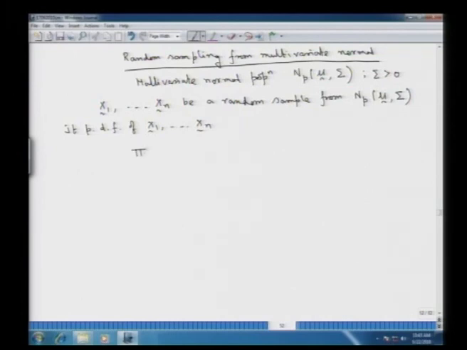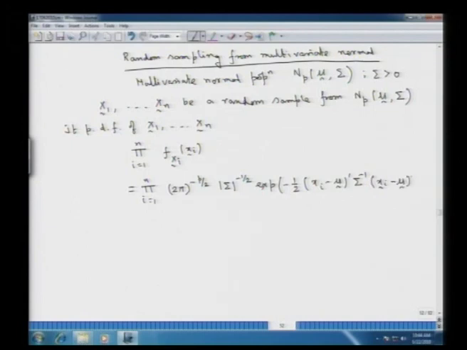So the joint PDF is given by the product over i equal to 1 to n of the PDFs f(xi), which is the product of (2 pi) to the power minus p by 2, determinant of sigma to the power minus half, exponent of minus half (xi minus mu) transpose sigma inverse (xi minus mu).